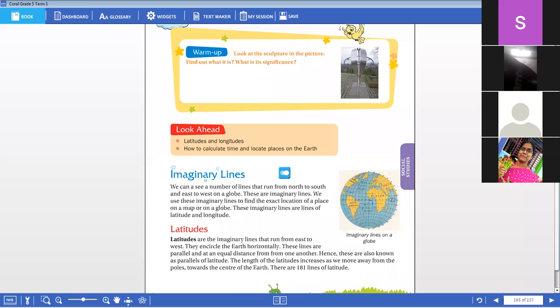We can see a number of lines that run from north to south and east to west on a globe. See, children, on a globe, you can observe the lines we are drawing. They have been drawn from north pole to south pole. Similarly, from east to west.